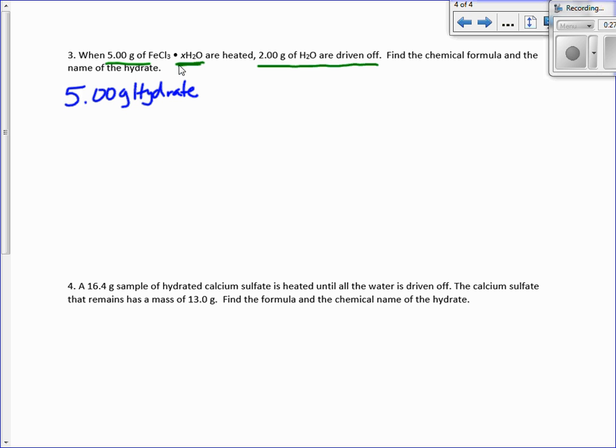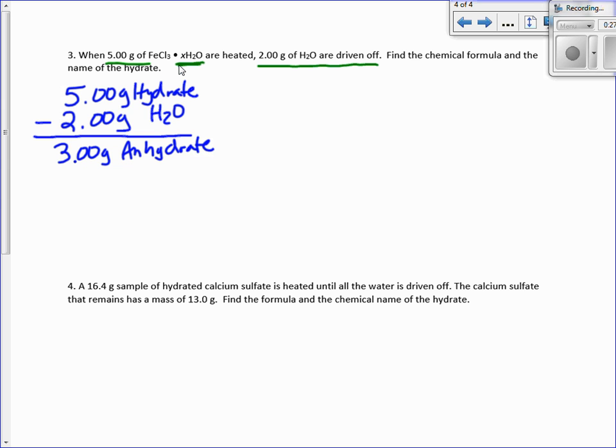Now, it said 2 grams of water are driven off. So this is now the water here. So if we subtract the 2, what are we going to get the mass of? The anhydrate. Very good. So we get 3.00 grams, and this is the anhydrate, which happens to be FeCl3, by the way. Okay? So that's the first step.